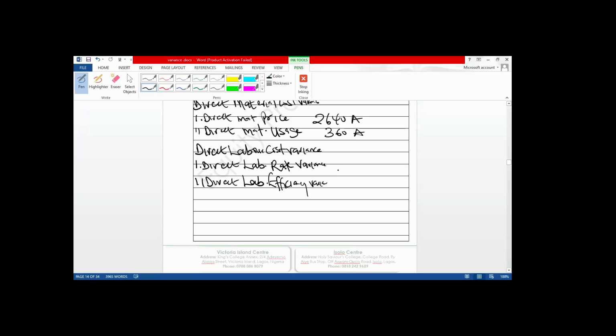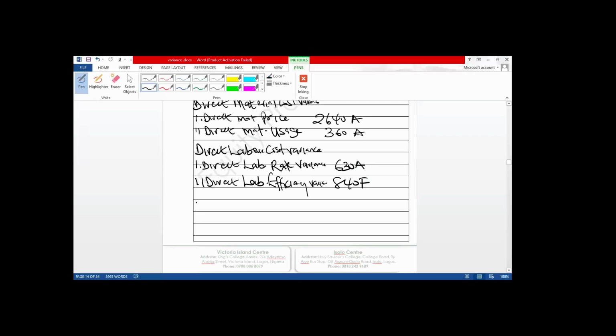Here we have adverse. Here we have favorable, 840. Always remember, A denotes negative, F denotes favorable, positive.